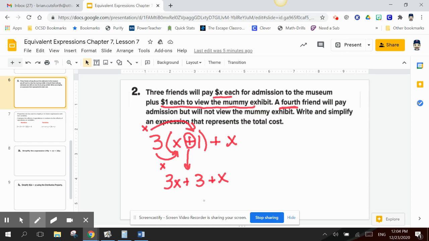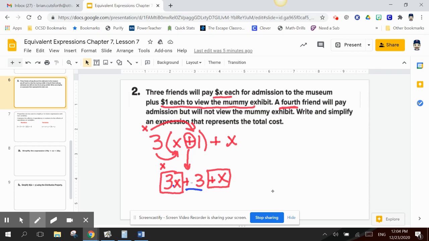So when I simplify my expression, I'm going to put a box around all of the variables. And I'm going to underline only the numbers. I can compare boxes and boxes and underlines and underlines.